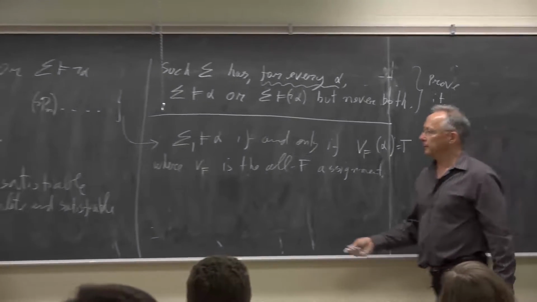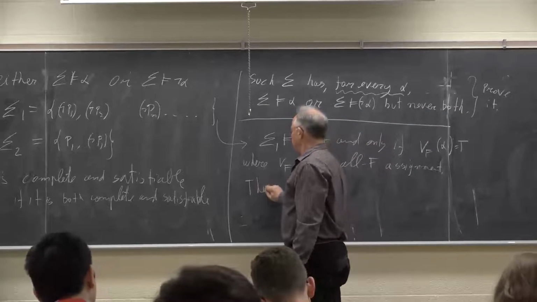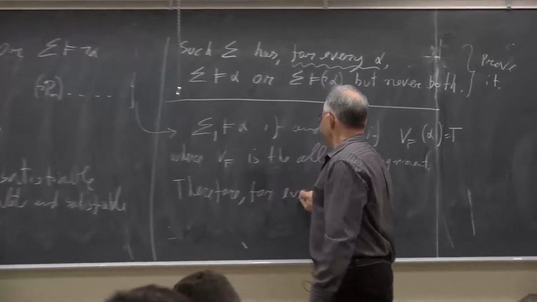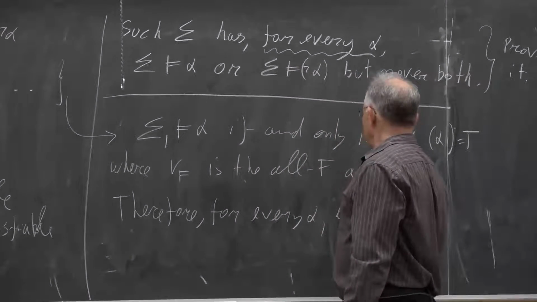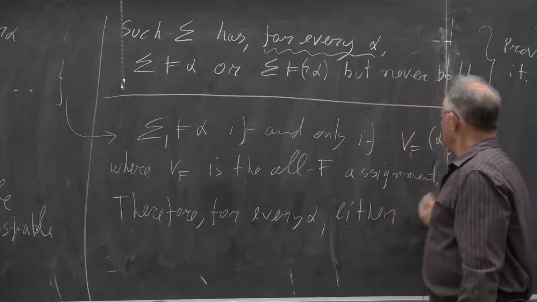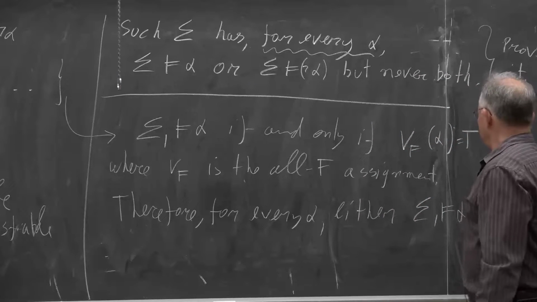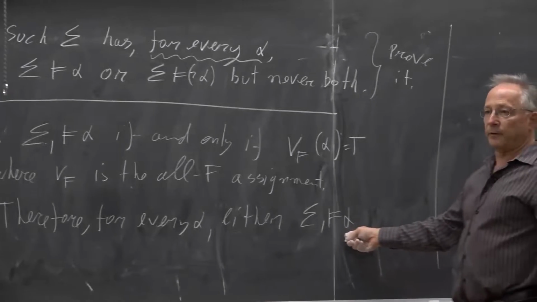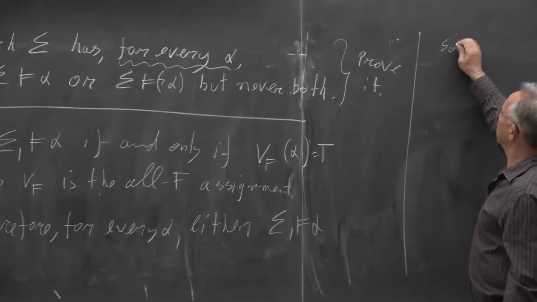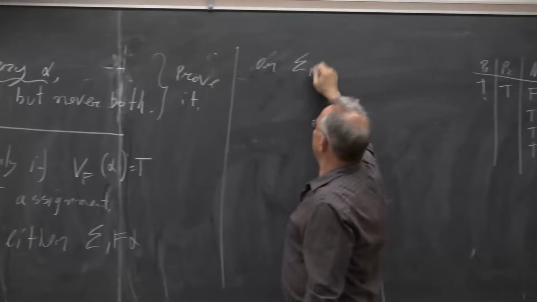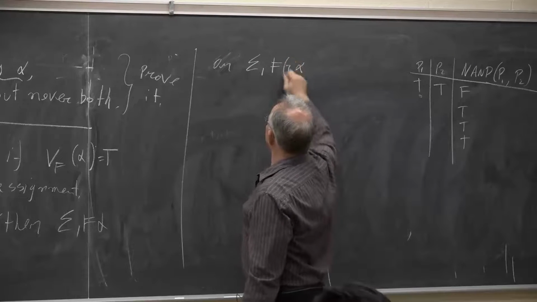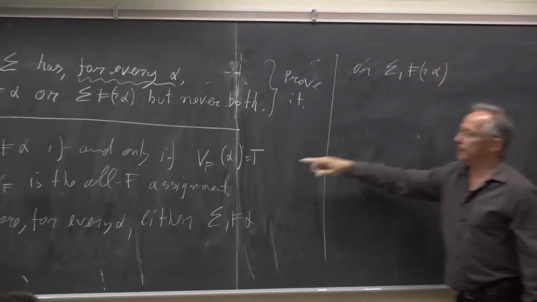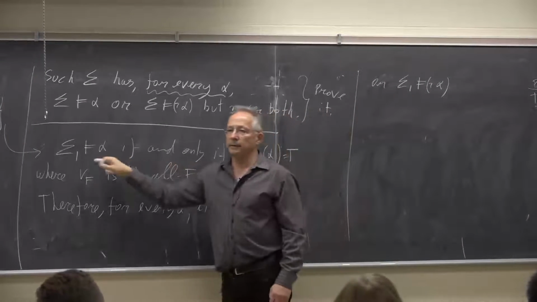So therefore, for every alpha, either sigma 1 logically implies alpha, if VF gives it true, otherwise VF gives it false, or sigma 1 logically implies the negation of alpha. Because if VF gives it false, VF gives this guy true. And we said that if VF gives one true, it is logically implied.